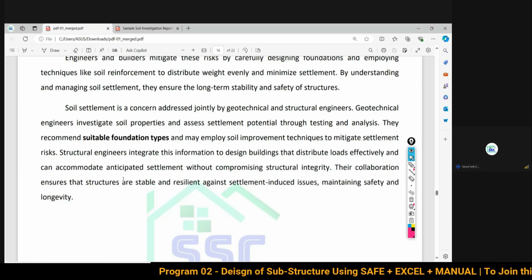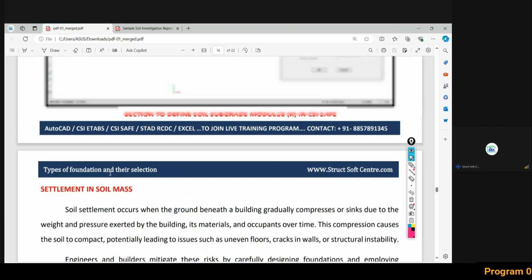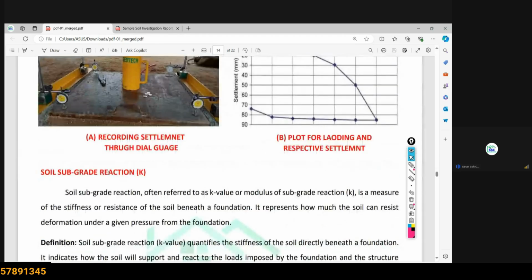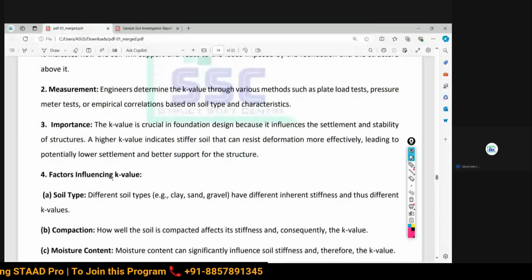After having all that study, and a lot of other things, if you are collecting all that data by adopting one or a number of methods of soil exploration, you have to prepare a final report.